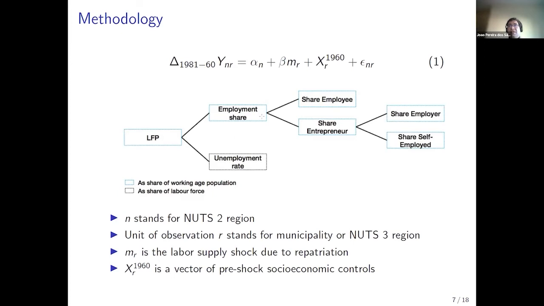If someone is employed, they could be working as employee, so working for other people, or they could be entrepreneurs. And then we are also going to see the share of high quality entrepreneurs, meaning that they have some employees, so they are employers, or low quality entrepreneurs, measured as self-employed.